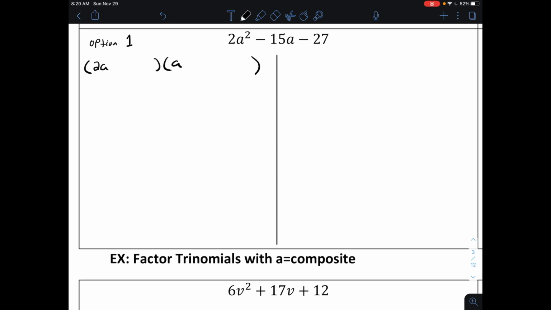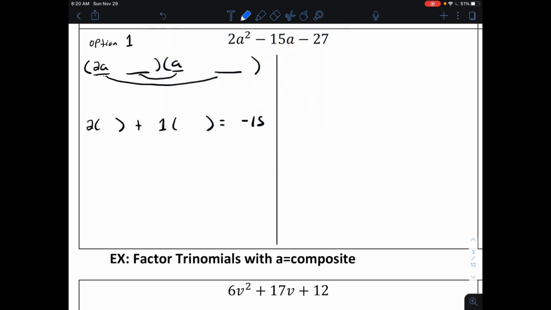But what I do know is that I'm going to have 2 times something, and then plus 1 in front of that other a times something else, so they're going to have to add together to give me that negative 15. And so I'm trying to figure out what those numbers are, because the 2a is going to multiply to whatever's in that second binomial, and the 1a is going to multiply to whatever's in that first binomial.